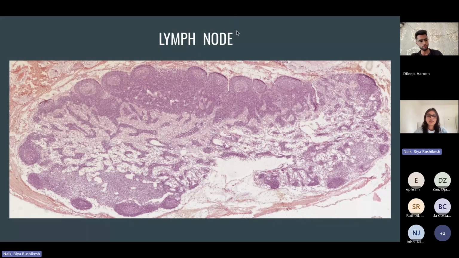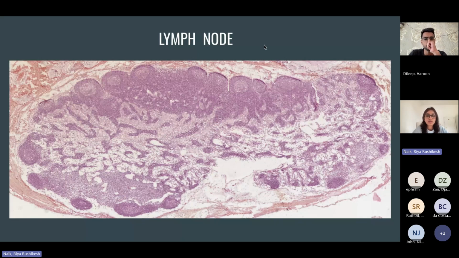So when we talk about the lymph node, the first thing you have to know is what lymph is. Lymph is a colorless fluid which forms when the blood plasma leaks into the interstitial spaces, and the fluid which collects there is called lymph, and then it flows through the entire lymphatic system. The first thing it flows into is the lymph node.